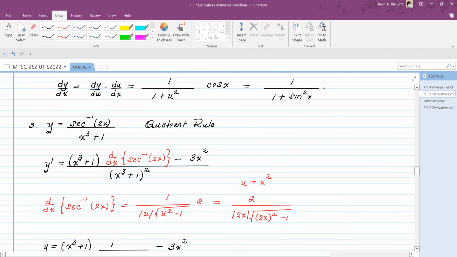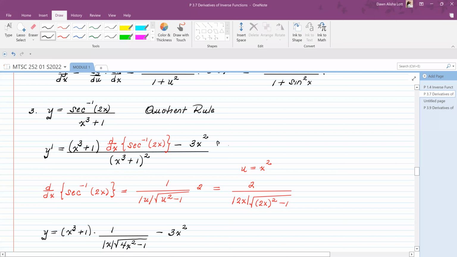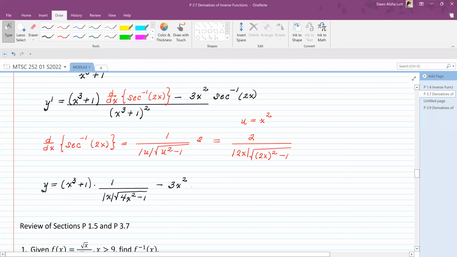I forgot to put the top in here. Secant inverse of 2x. Bottom times the derivative of the top minus the top times the derivative of the bottom over the bottom squared, right? So minus 3x squared secant inverse of 2x, and all of that is over x cubed plus 1 squared.